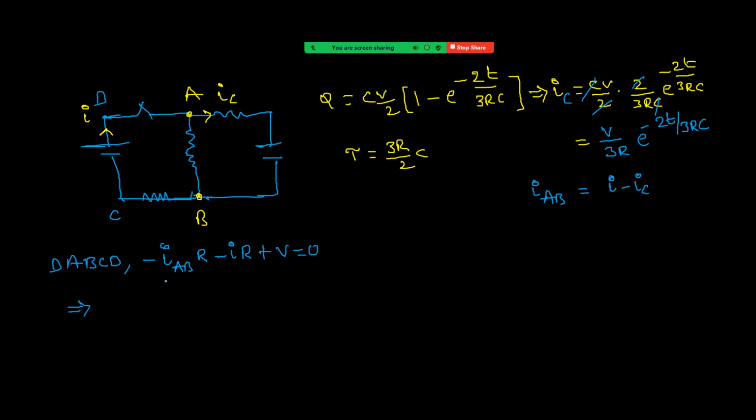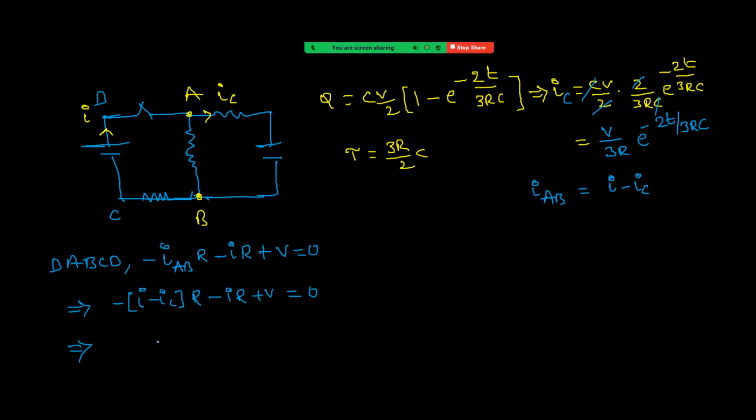Now see what we can do. In place of IAB, what can we write? I minus IC, right? Substitute there. It is I minus IC into R minus IR plus V equal to 0. Now see what we get from here.